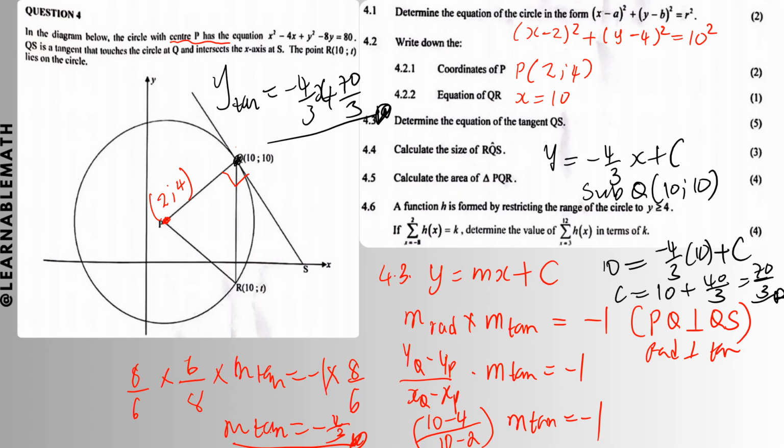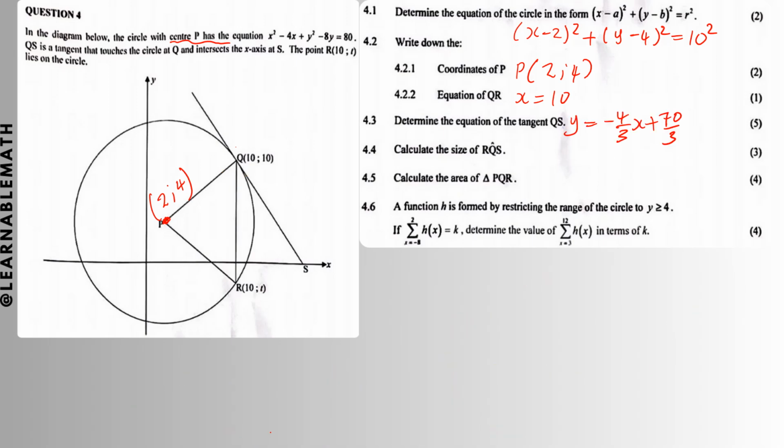Let's quickly go to 4.4 now. It wants us to find the size of angle RQS. So this is the angle RQS. How can we find that angle? You realize that this is a straight line and it's perpendicular to the x-axis, so we know that there's 90 degrees, right?